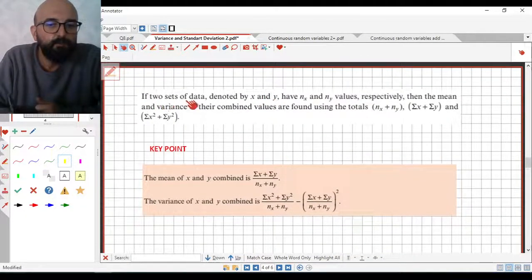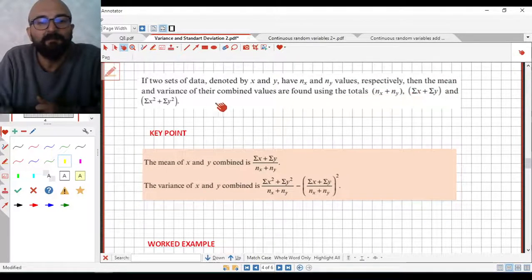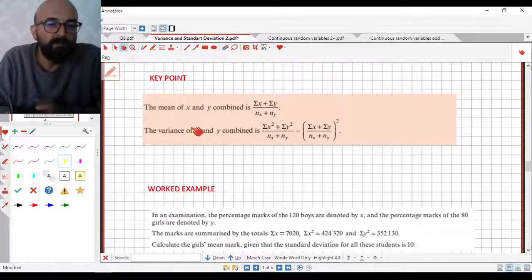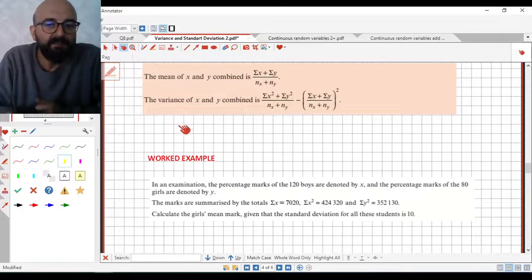If two sets of data denoted by x and y have n x and n y values respectively, then the mean and variance of their combined values are found using the totals. So here is the mean of x and y combined, and the formula for the variance of x and y combined.